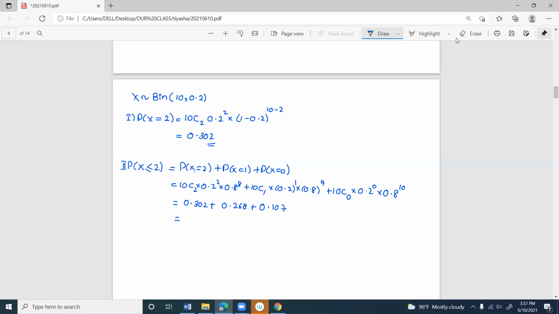Then you can get this value: 0.302 plus 0.268 plus 0.107 equals 0.677. 0.677 is the answer for that. Is that clear? Right. Okay.